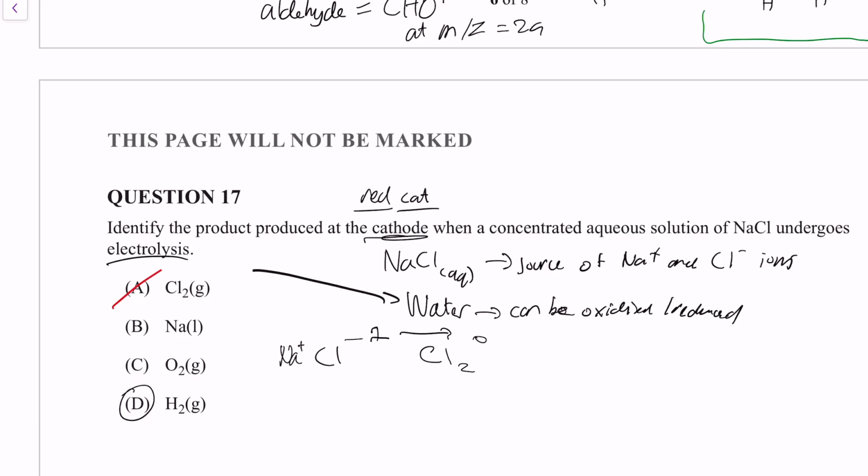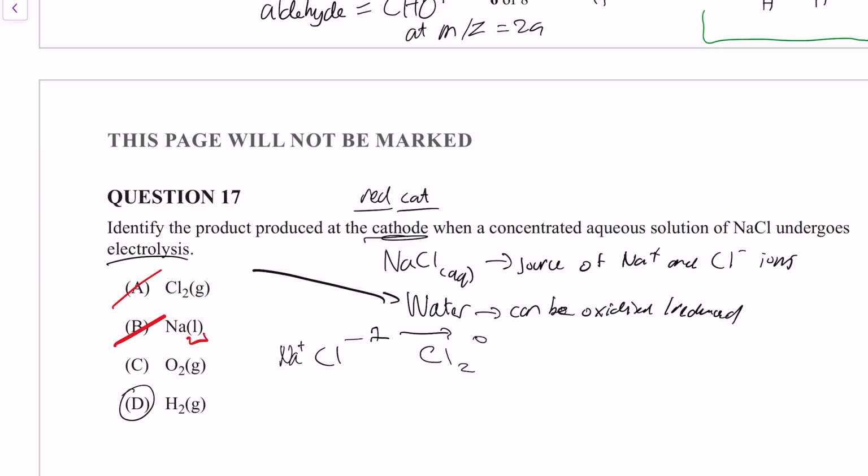Because in order to have something produced at the cathode, something has to be reduced first, right? And then another one is sodium, the liquid. Not really, especially given that there's a liquid here, it's a bit suspicious.